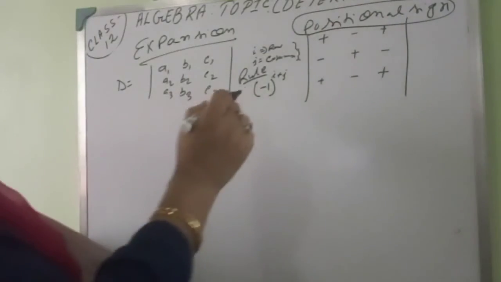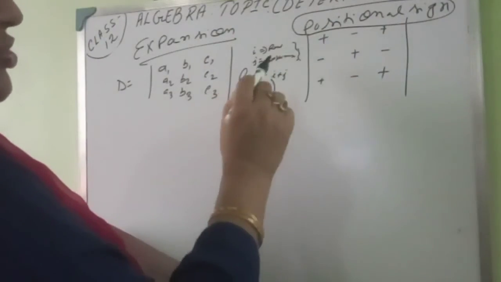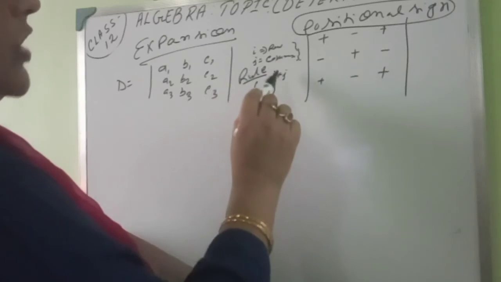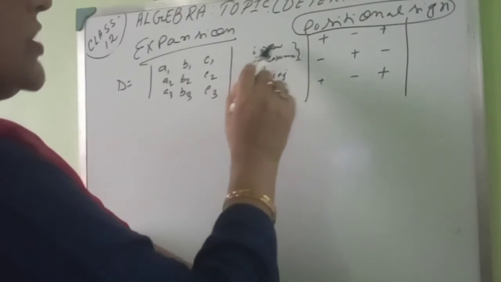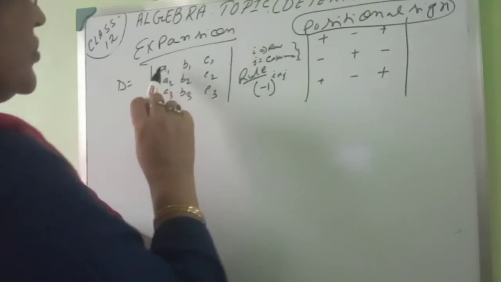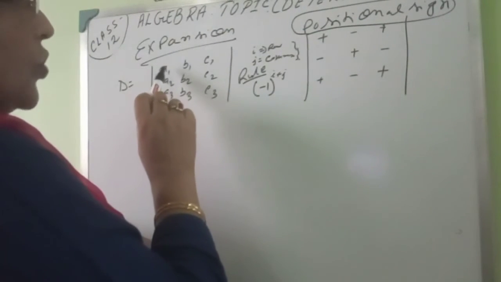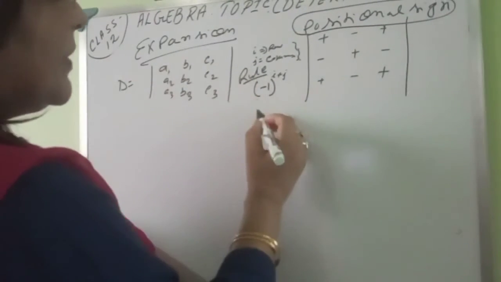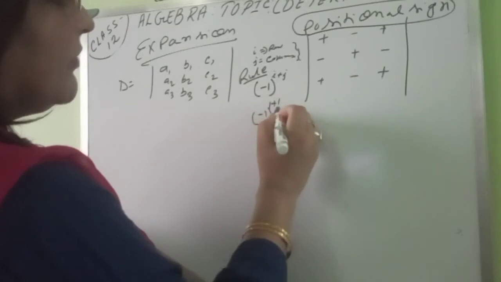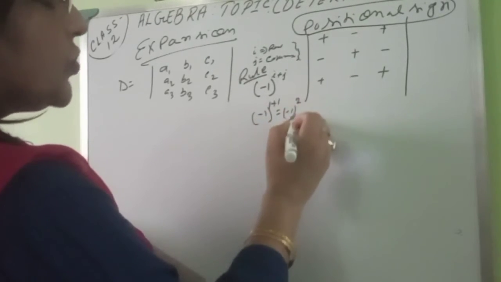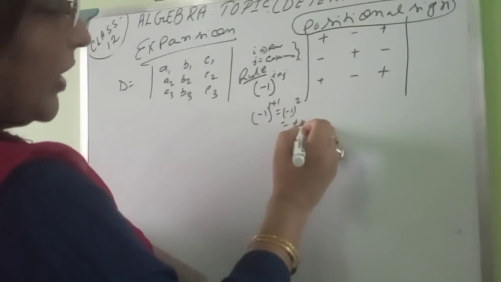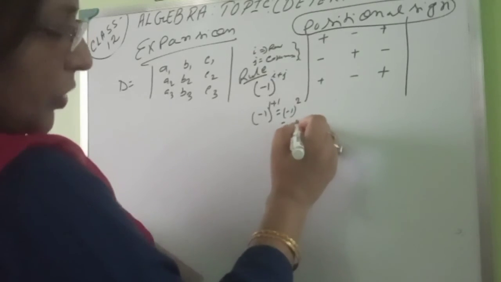Positional sign, the rule is -1 whole to the power I plus j. I means the row, j means the column. So this position is first row and first column. So it is -1 whole to the power 1 plus 1, that is equals to -1 whole to the power 2. So it's coming +1, that is positive.